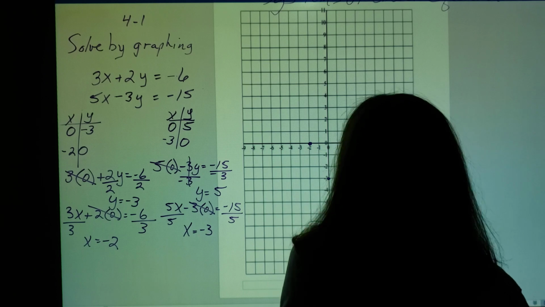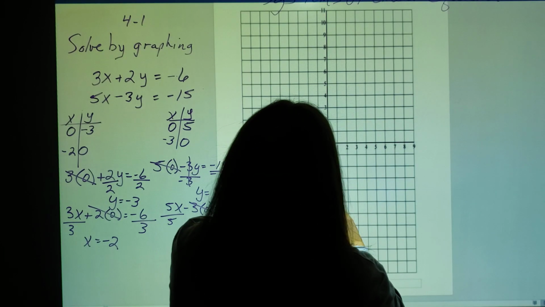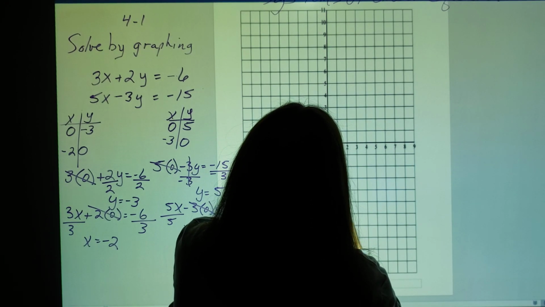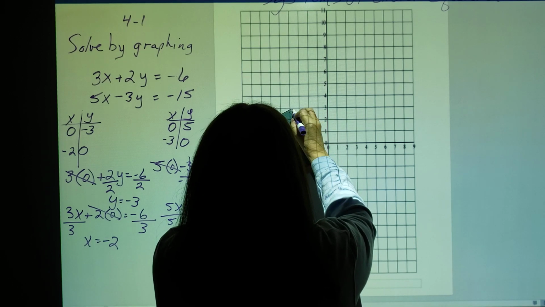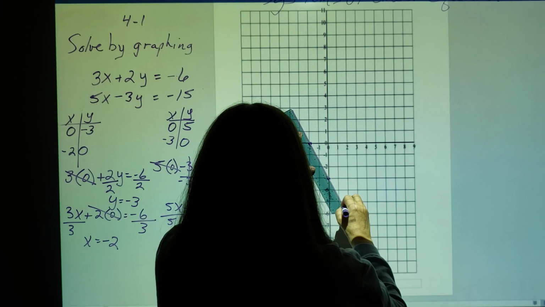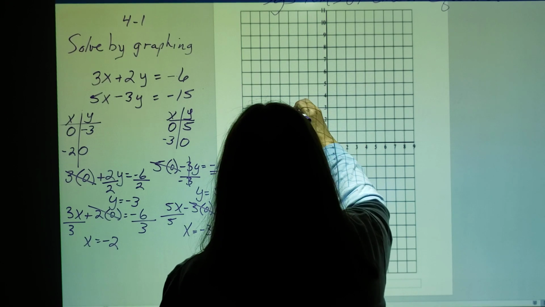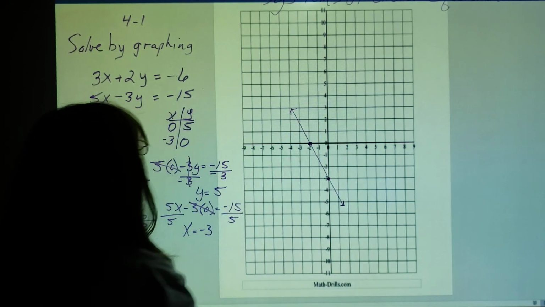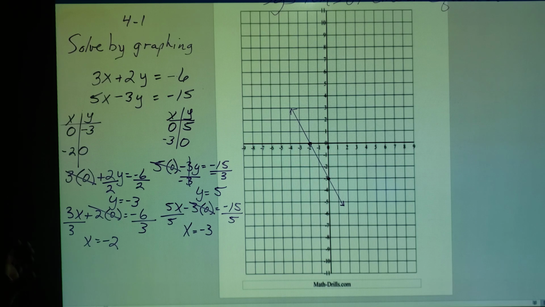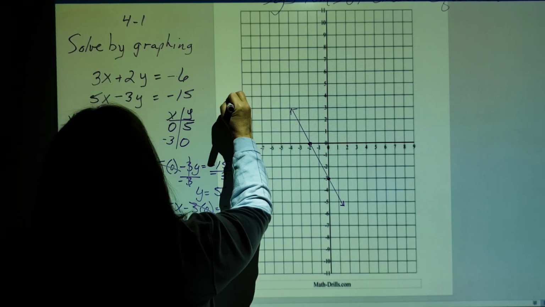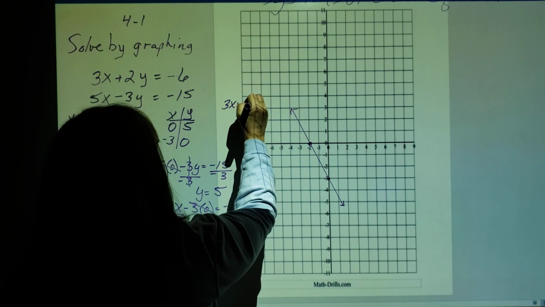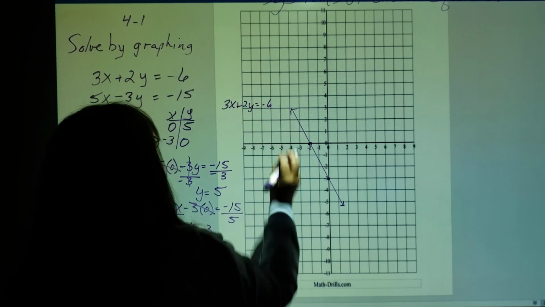Then we have our straight edge. And we end up with the first line looking like that. Okay, next. So this is our 3x plus 2y equals -6.